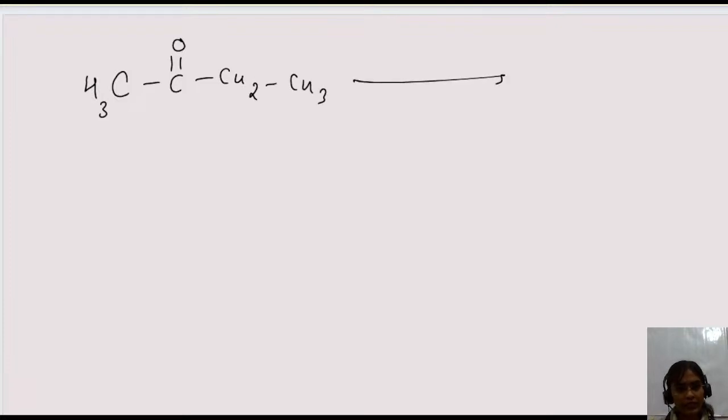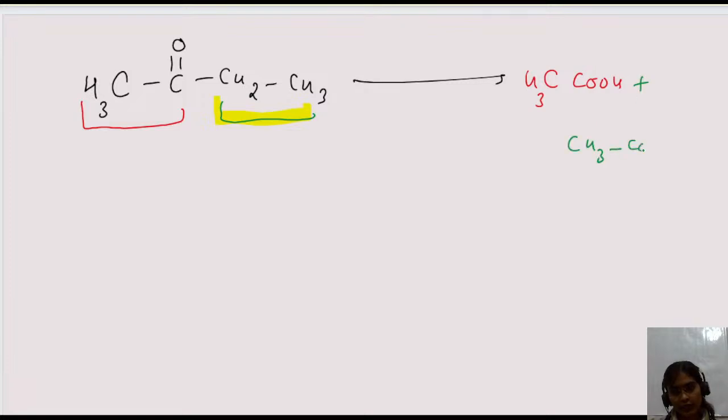In this case, condition number one: the first acid is this, CH3COOH. The second acid is this, CH3 and a COOH.